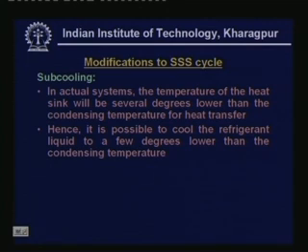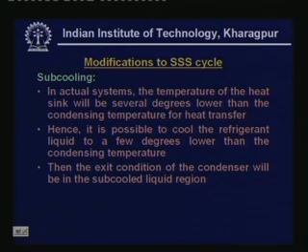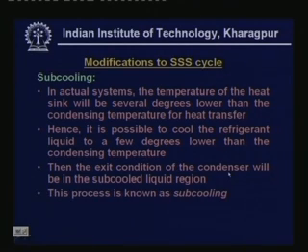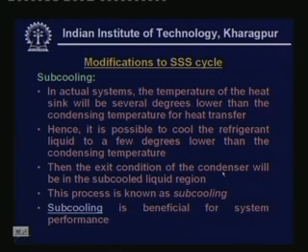So, as I said, it is possible to cool the refrigerant liquid to a few degrees lower than the condensing temperature. Then the exit condition of the condenser will be in the subcooled liquid region, and this process is known as subcooling. As the name implies, it is very clear. And subcooling, we shall see, has beneficial effects on system performance.